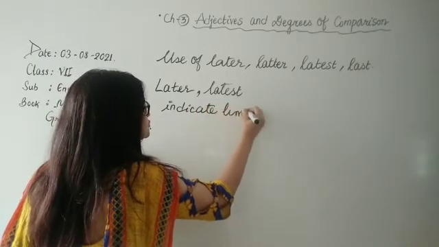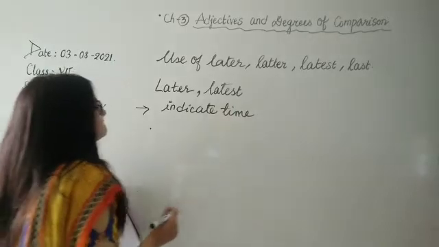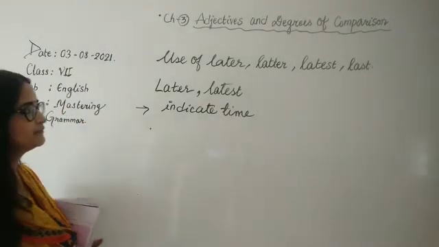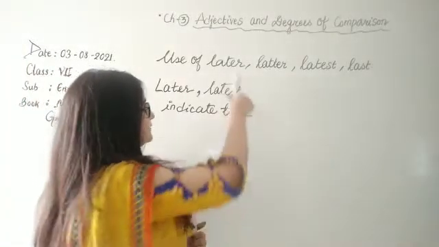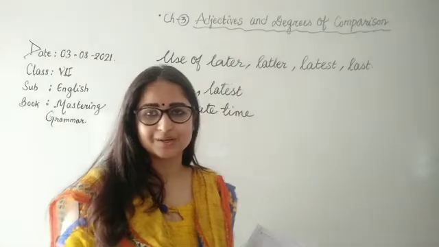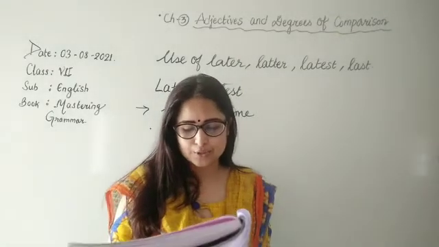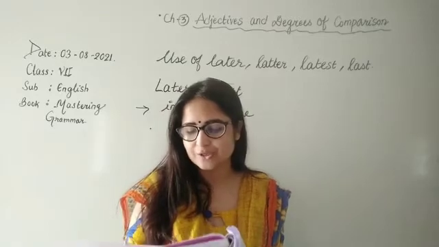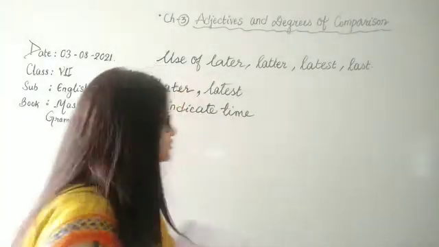Not like 2 o'clock, 3 o'clock, but when it is done, like I will do this later. Then, this was the latest story, like this. And last and latter are used to denote position.